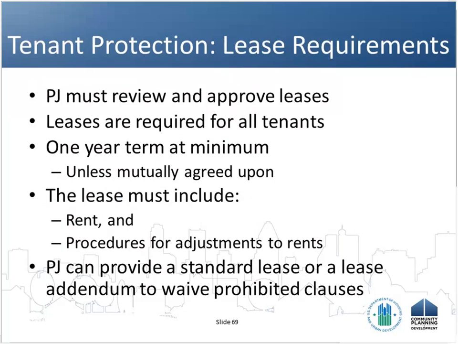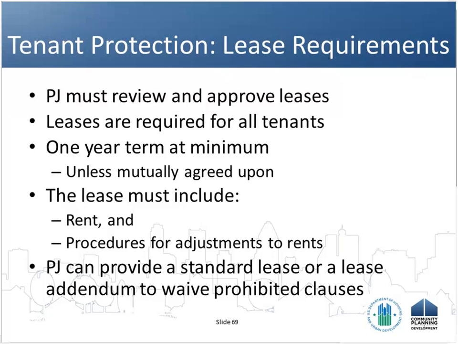Here's our list that we mentioned yesterday with our lease provisions that we need to make sure that the PJ is going to be reviewing and approving, making sure there are leases in place for all of our tenants. Normally, there will be a 1-year minimum term for our leases.